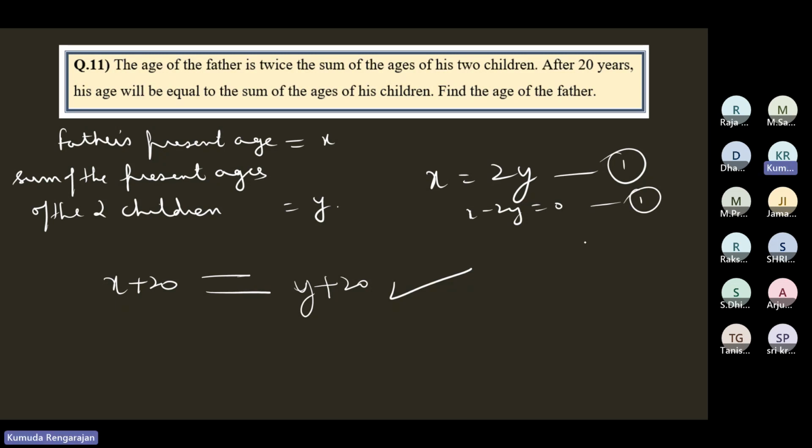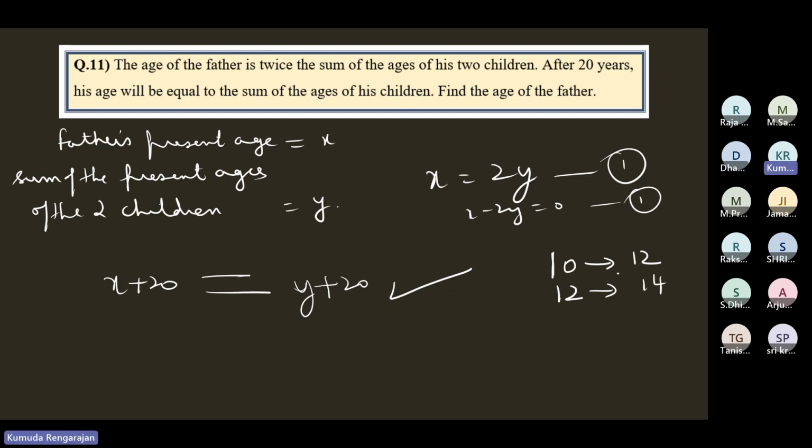Okay. Now, supposing there are, say, two siblings, one of them is 10 years old, the other one is 12 years old. Now, 2 years later, 10 will become 12, 12 will become 14.